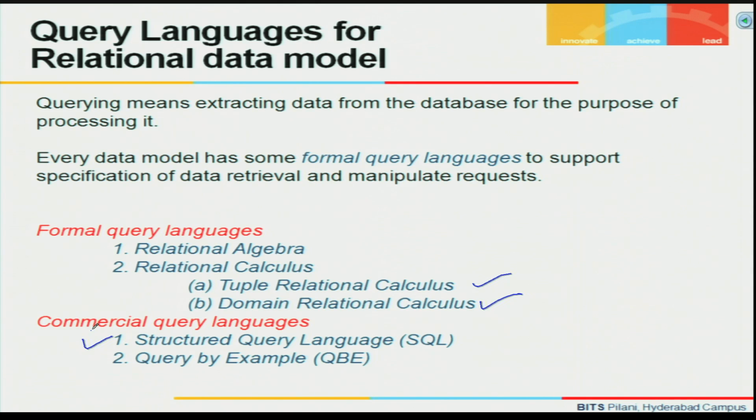One more commercial query language, known as Query by Example, is also available, but out of these two, SQL is the most popular one. It has become a de facto standard that all commercial database management system vendors support the SQL standards. In this particular class, we discuss relational algebra and then relational calculus.